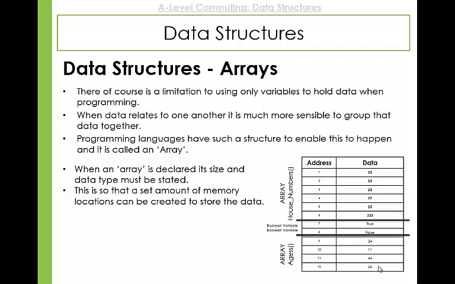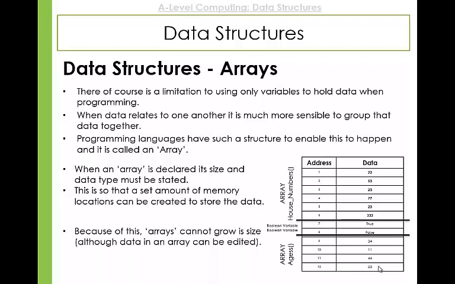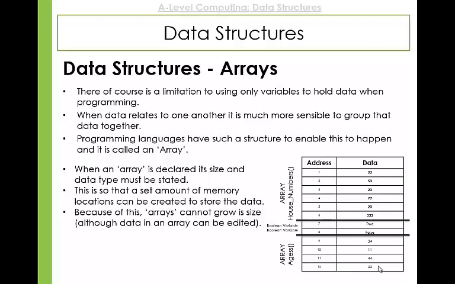Now, obviously, this isn't wholly accurate, because if an array was to hold integers, then it would probably need more than one address to hold a single number. But obviously, you get the idea. But the problem is that because we have actually stipulated how big the array is, and we've used that block of memory, we can't actually allow that array to grow over time.